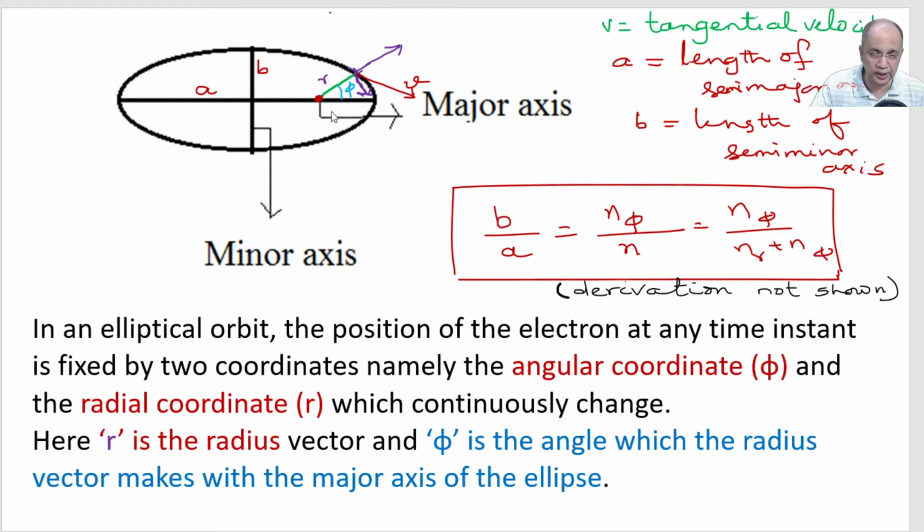These are the two components of the original tangential velocity of the electron.